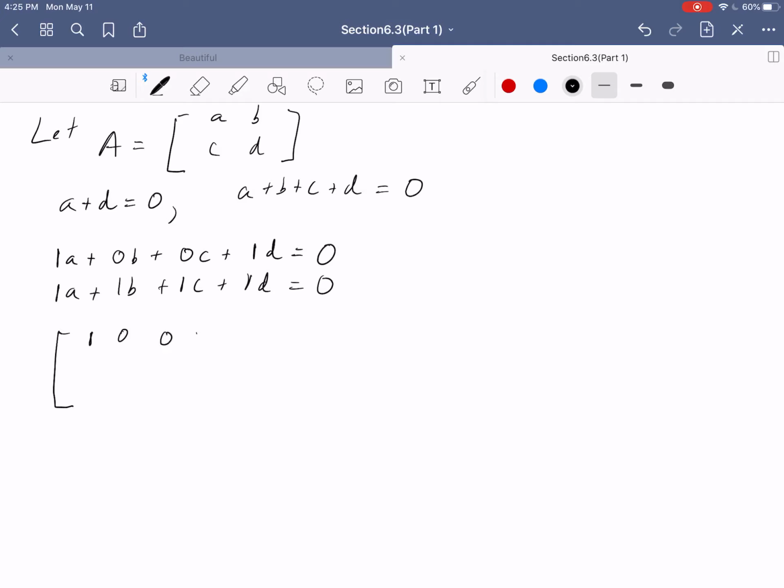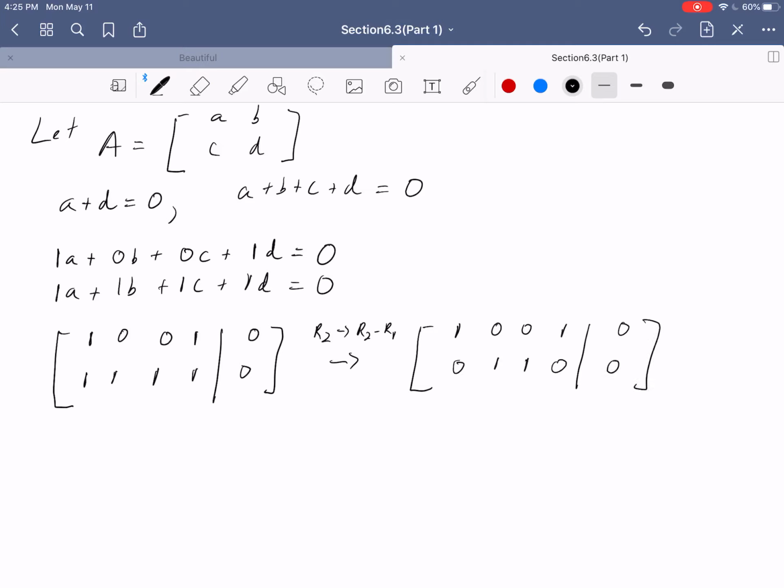It's 1, 0, 0, 1, 0, 1, 1, 1, 1, 0. And we could just do one operation real quick. Let's do row 2 and replace it with row 2 minus row 1. We should get 1, 0, 0, 1, 0, 0, 1, 1, 0, 0.